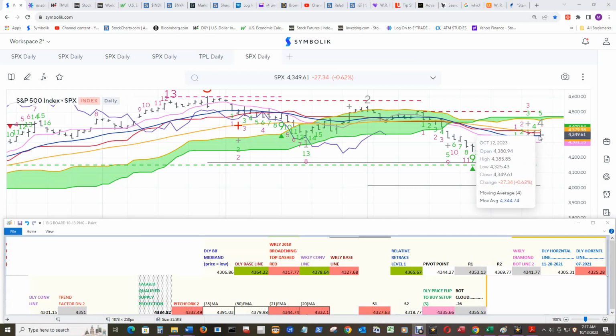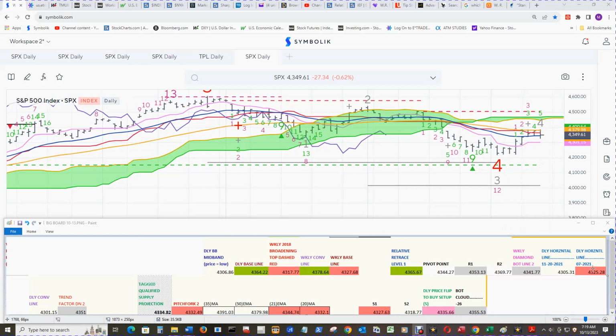And to the immediate downside is the 21 EMA in solid blue here, 43.44.74. And to the immediate upside is the 50 EMA at 43.79.98. So those are the two closest moving averages.